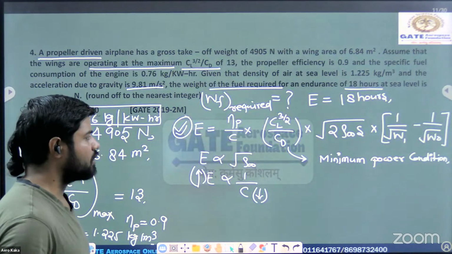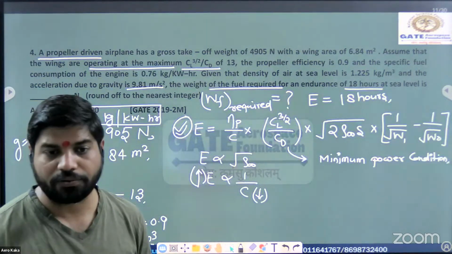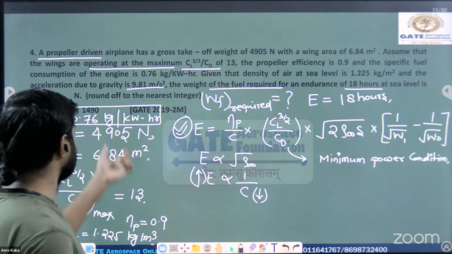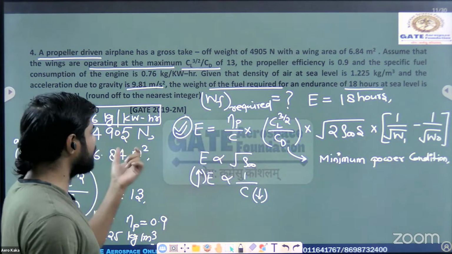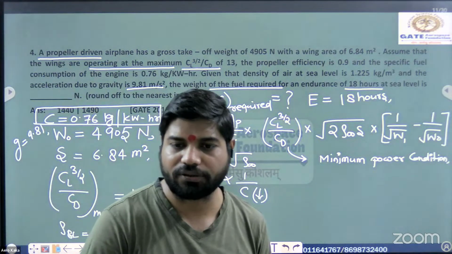But the question is, how to approach this one? Anyone? First of all, convert this C value into Newton per watt seconds. Please convert it and let me know how much you're getting.